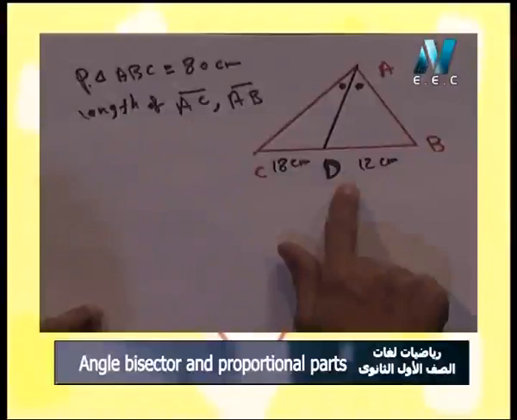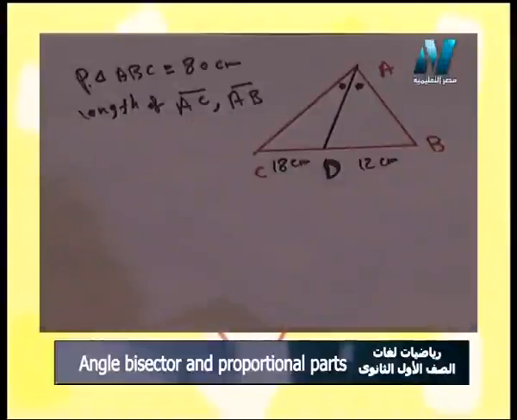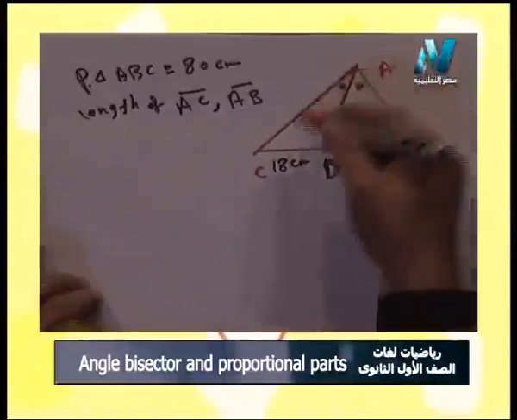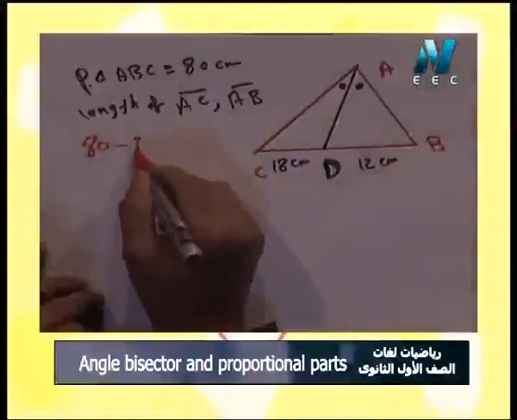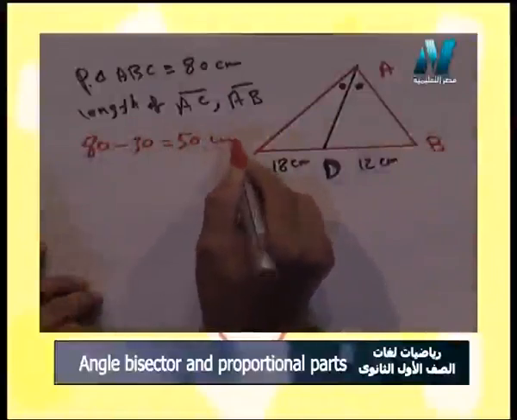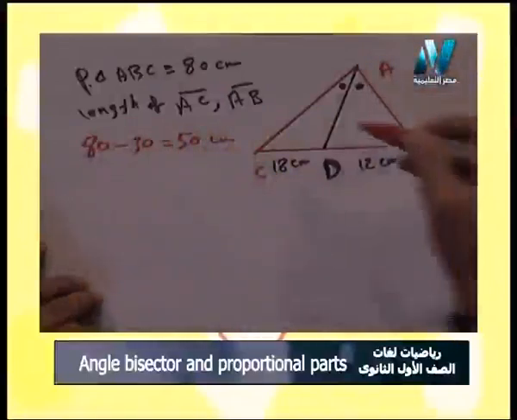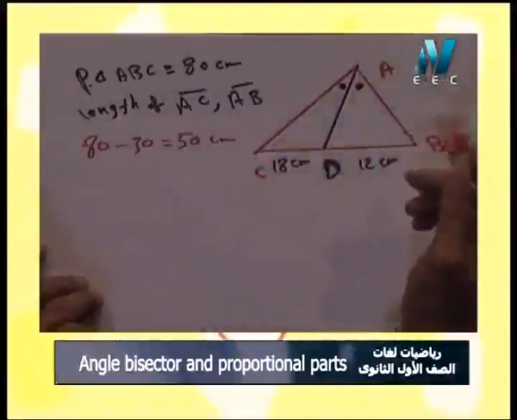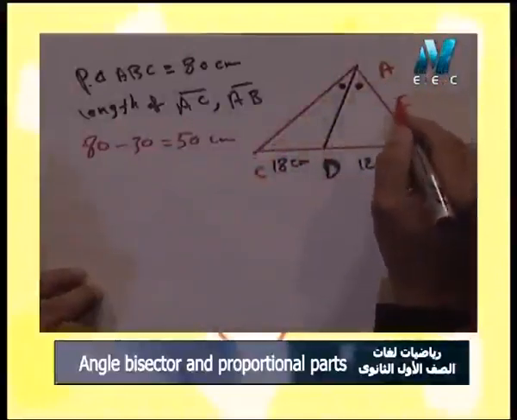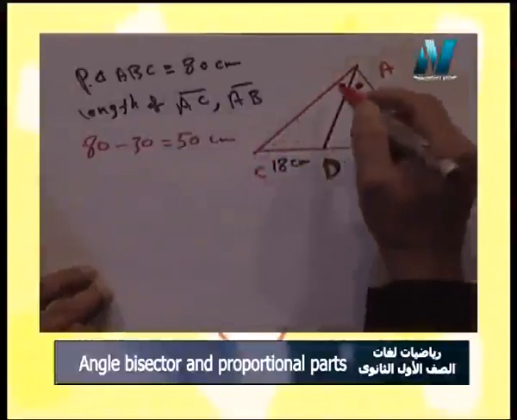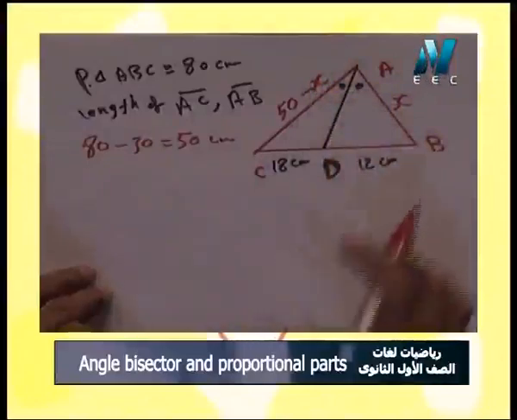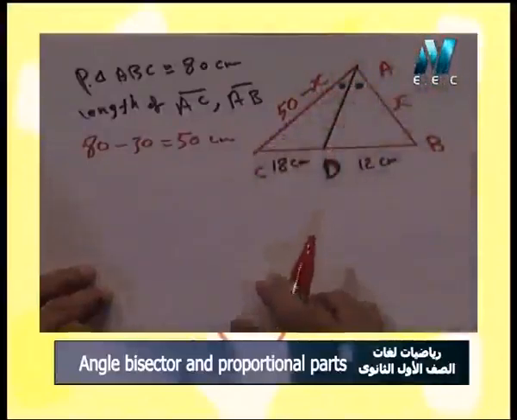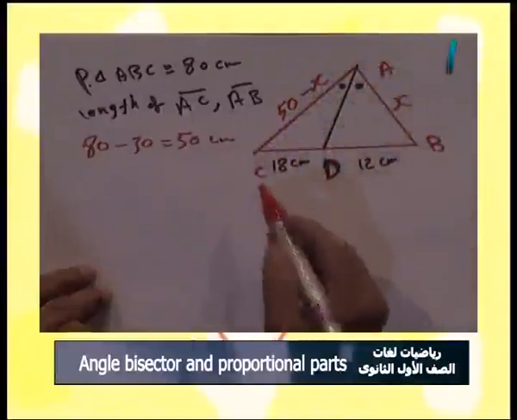Their sum will be 30. So AC and AB equal the remainder, 80 minus 30 equals 50 centimeters. 50 centimeters is the length of AB plus AC. If we let AB equal x, then AC will be 50 minus x.